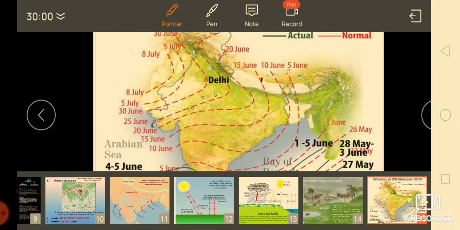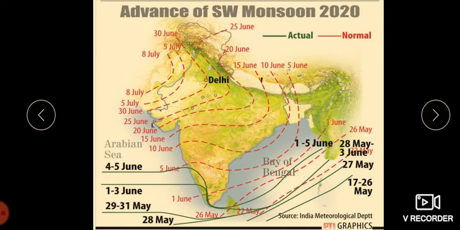Southwest monsoon, you can see here, children. This is the normal date; by 30th June it comes to Delhi. See, these are the southwest monsoons and how they go, along with the graphics that we are having.